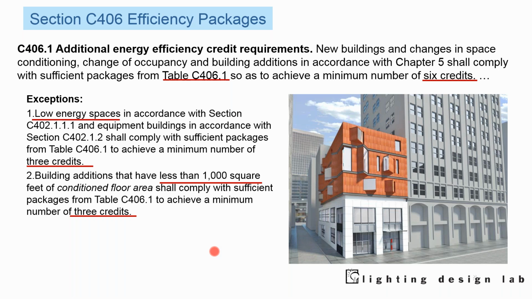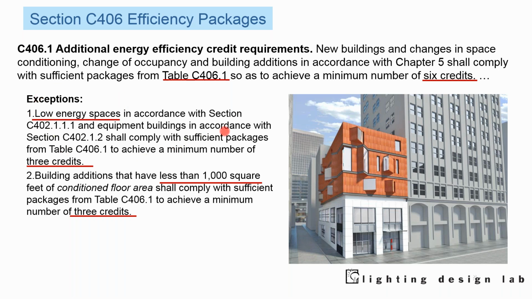So now we have additional energy efficiency credit requirements. There's a bunch of these that you can pick from, which we'll look at in a second. You need to accumulate a minimum of 6 credits with these additional energy options. The exceptions would be low energy spaces.